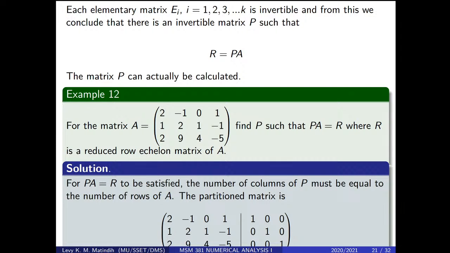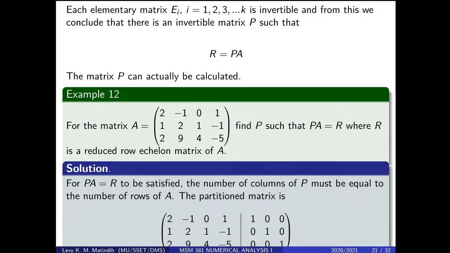So this matrix P should also have 3 columns. In short, matrix P should be a 3 by 3 matrix for this product to be possible.